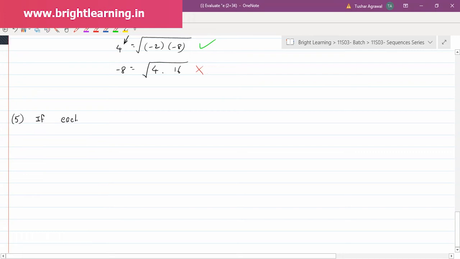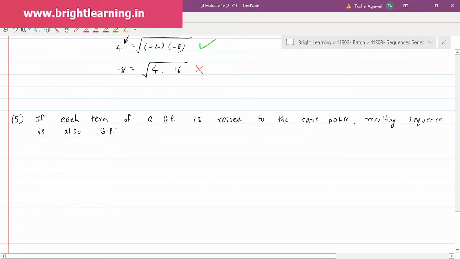If each term of a GP is raised to the same power, the resulting sequence is also a GP.